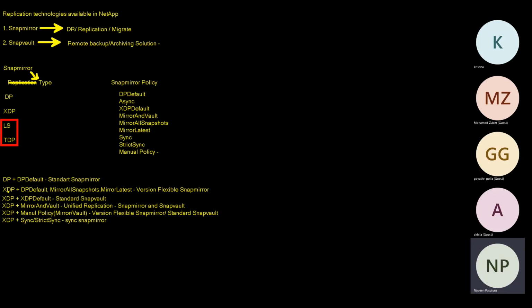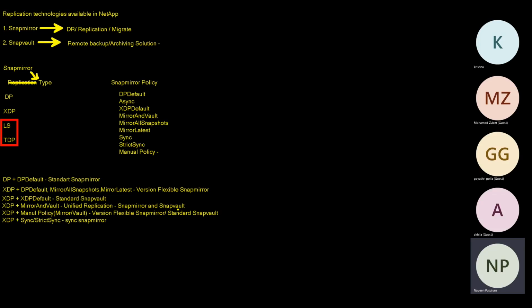Based on the combination of SnapMirror type and SnapMirror policy, the type of replication will be decided. Is it a SnapMirror, or a synchronous SnapMirror, or a version flexible or standard SnapMirror, or is it a SnapVault, or a unified replication?